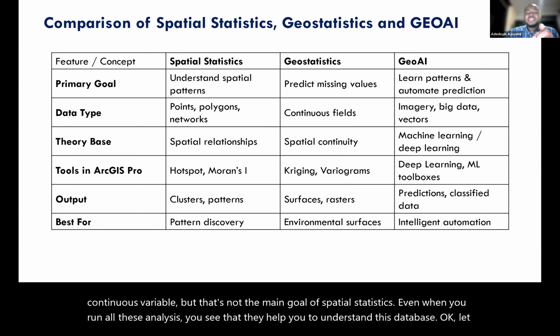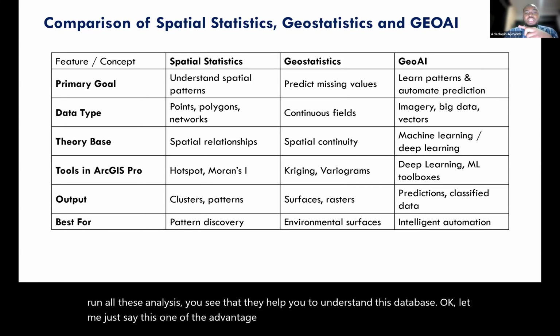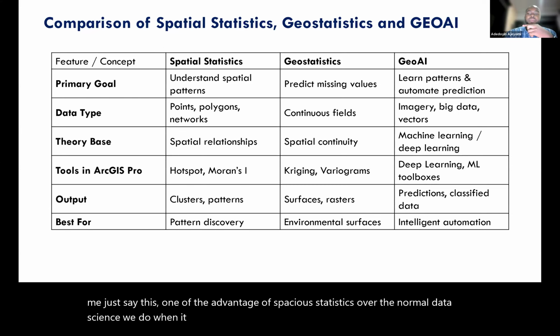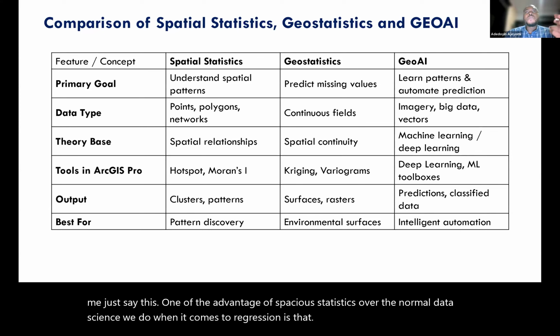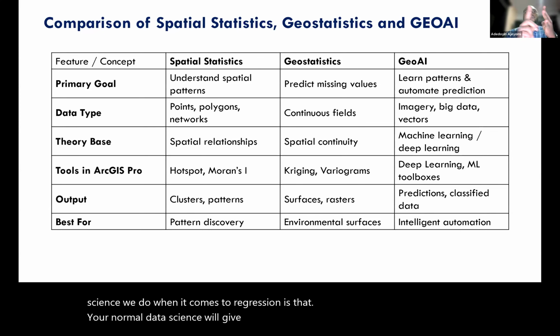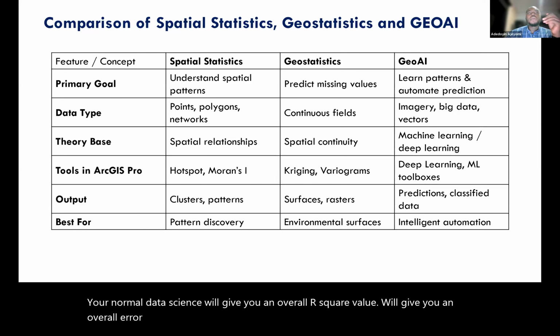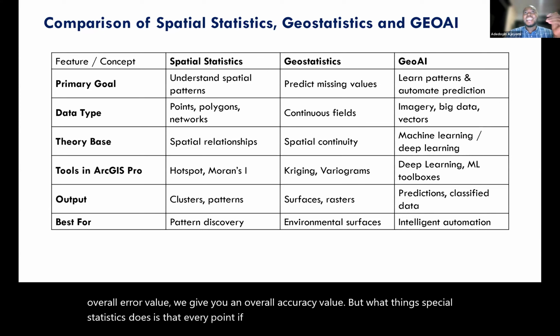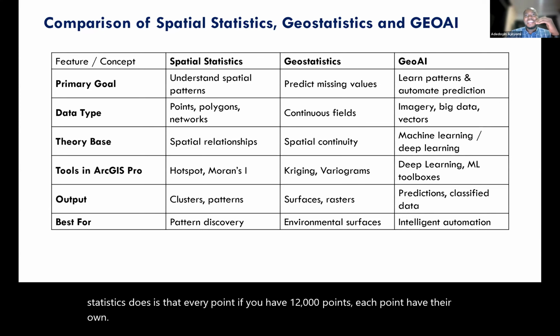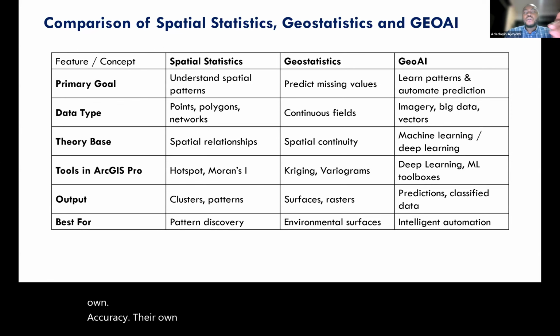One of the advantages of spatial statistics over the normal data science we do when it comes to regression is that normal data science gives you an overall R-square value, an overall error value, an overall accuracy value. But what spatial statistics does is that for every point, if you have 12,000 points, each point has its own accuracy, its own R-square, its own expected value, its own error.